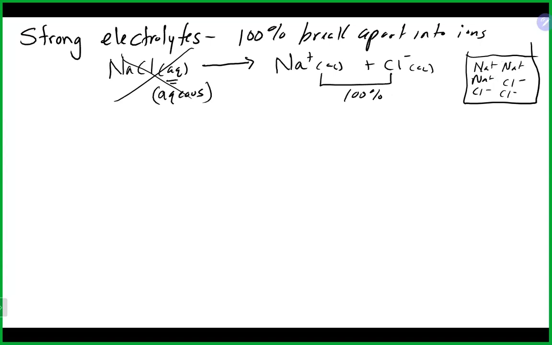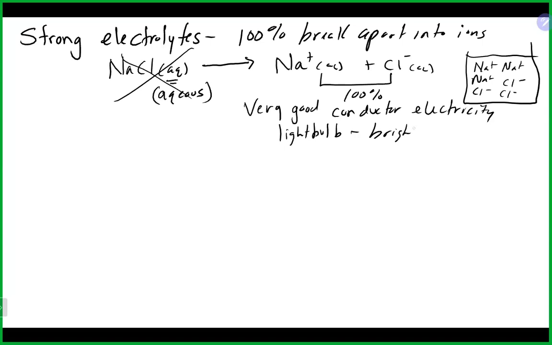Because it creates a lot of ions, it is a very good conductor of electricity. So if you had like a light bulb that you hooked up with some electrodes and you put it into a strong electrolyte solution, the light bulb would be very bright. Yeah, it would turn on and be very, very bright. It would conduct electricity super well.